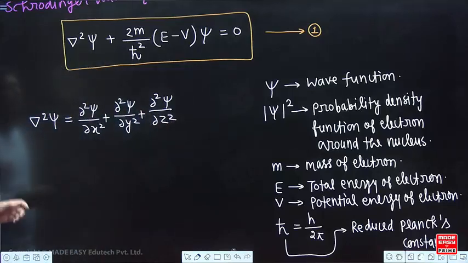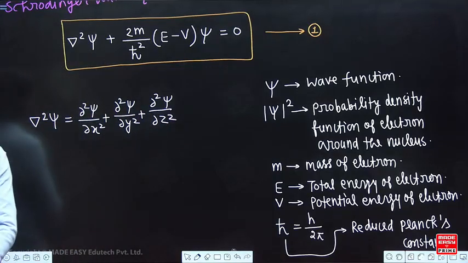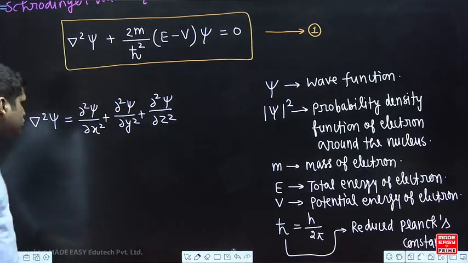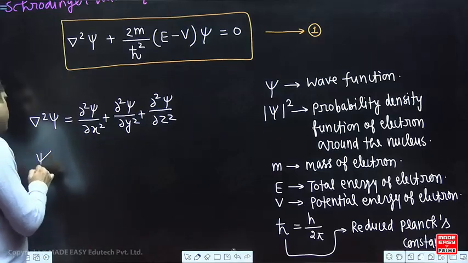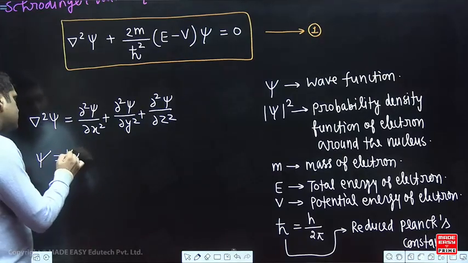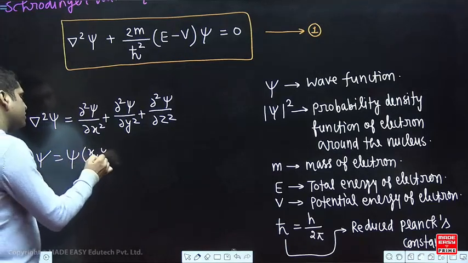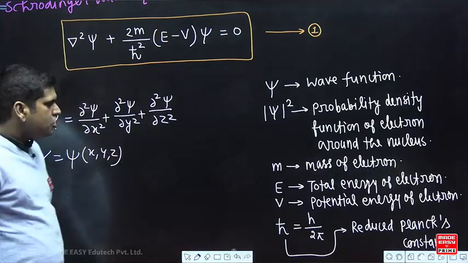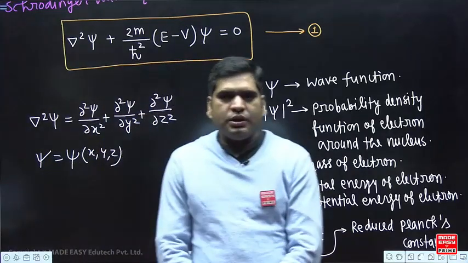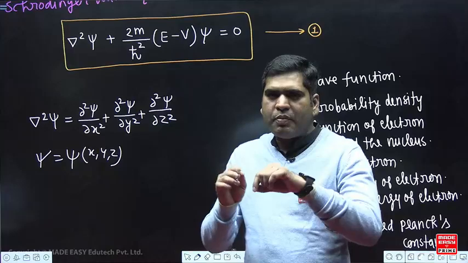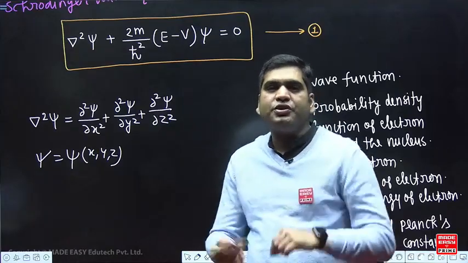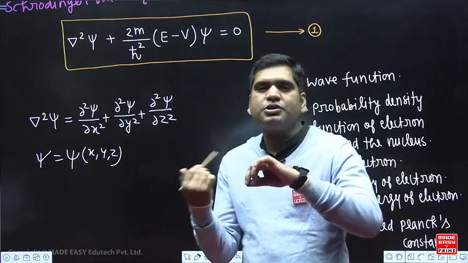It means equation 1 is a second order differential equation, and if we solve equation 1, then we would be getting psi, and that psi is nothing but the function of x, y, z.